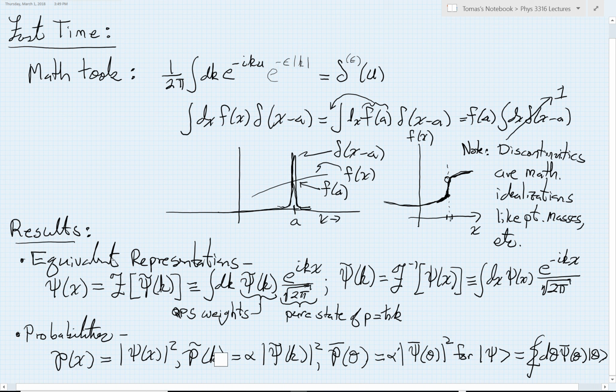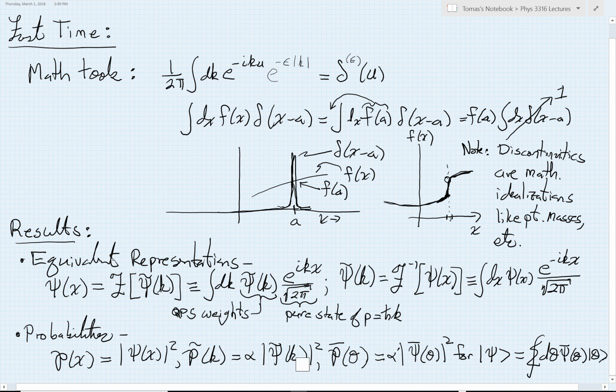For the probability of observing different momenta, this is proportional to the magnitude squared of the Fourier transform, psi tilde, the momentum space representation of our wave function. This second case gives us a particular case of our general considerations under the general quantum principle of superposition, because we've now learned that the way we interpret the weights in such a superposition is that the square of those weights gives us our probability.